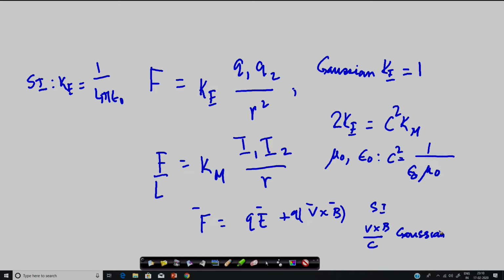So, once you know that these are the two differences, you can just write everything else. So, there is not much of a problem in using Gaussian units. You can choose your units, it does not matter which unit you write your answers in.